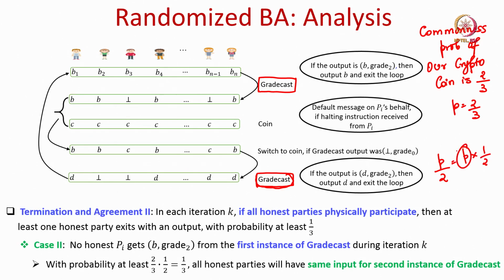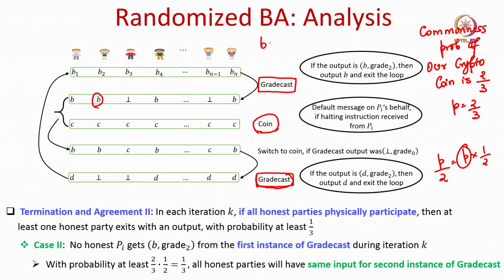With probability P, the output of all honest parties from the coin protocol will be common and random, and that random output could be the output that the honest parties obtain from the first invocation of Gradecast, which is not a bot output, with probability half.